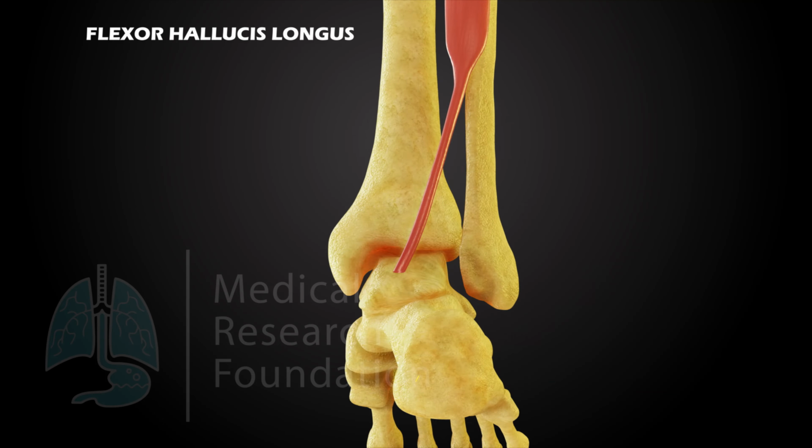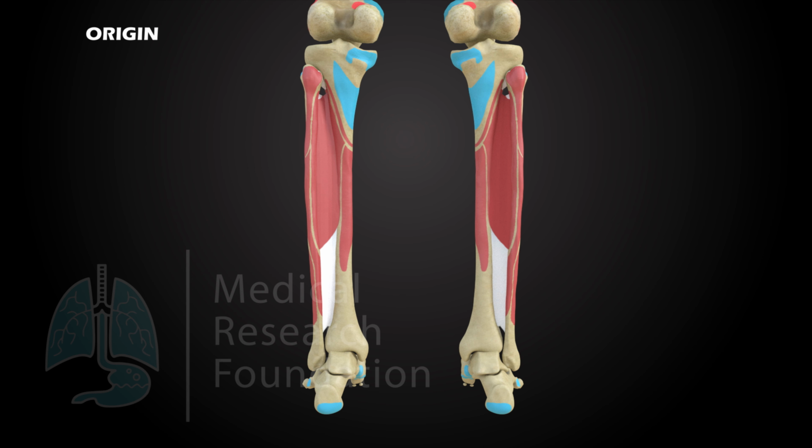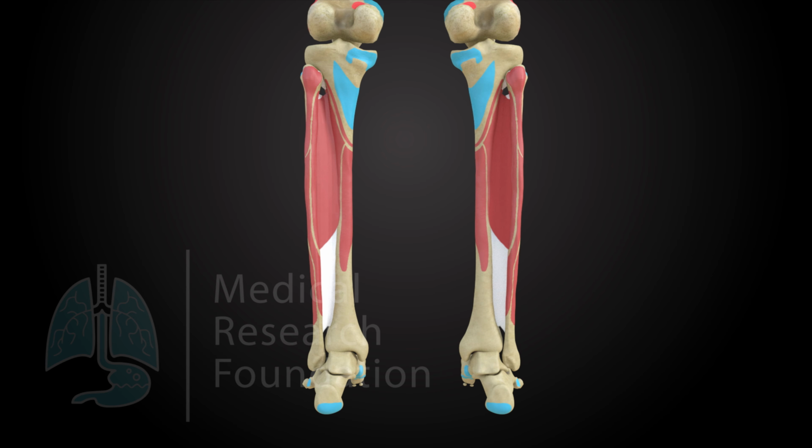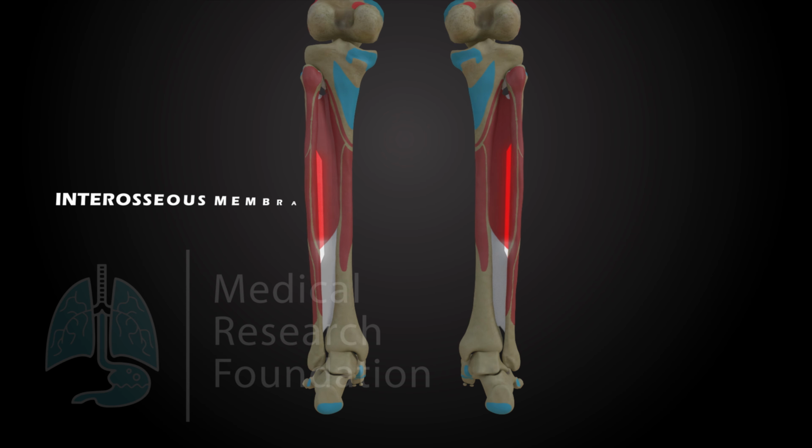Flexor hallucis longus. Origin. This muscle originates from the lower 3/4 of the posterior surface of the shaft of the fibula, behind the medial crest, and also from the adjoining part of the posterior interosseous membrane.